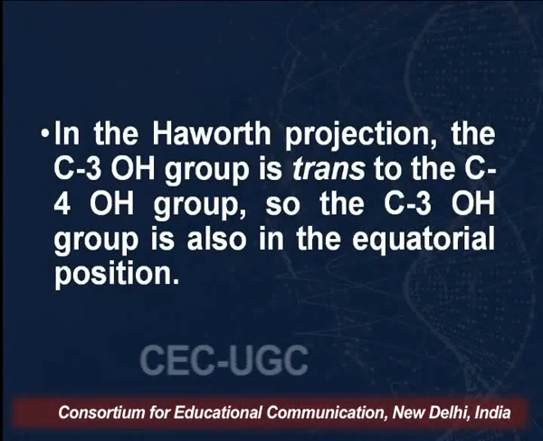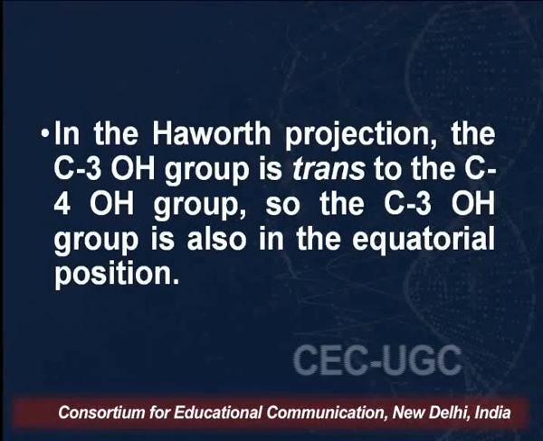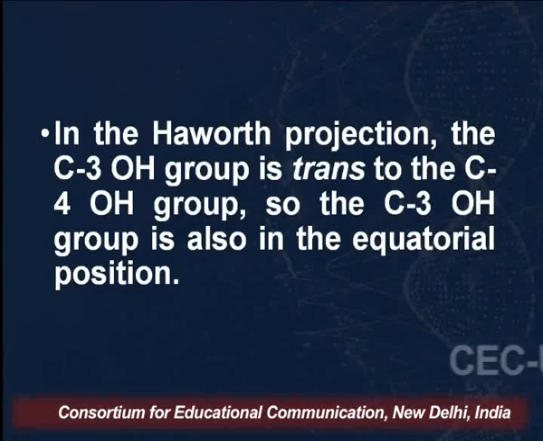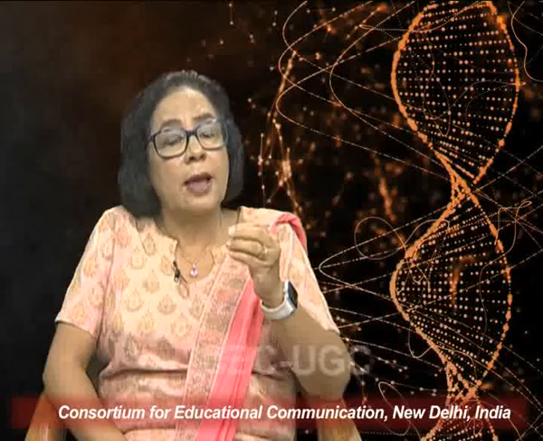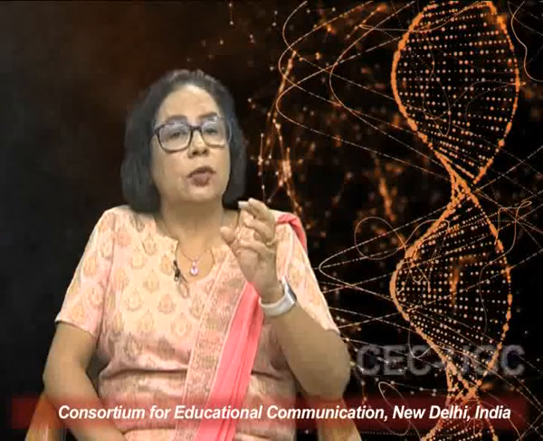And the next thing you find, as you've seen in the structure, is that the OH at the 3rd carbon and the OH at the 4th carbon are again trans to each other. So that means we will put them also at the equatorial position.